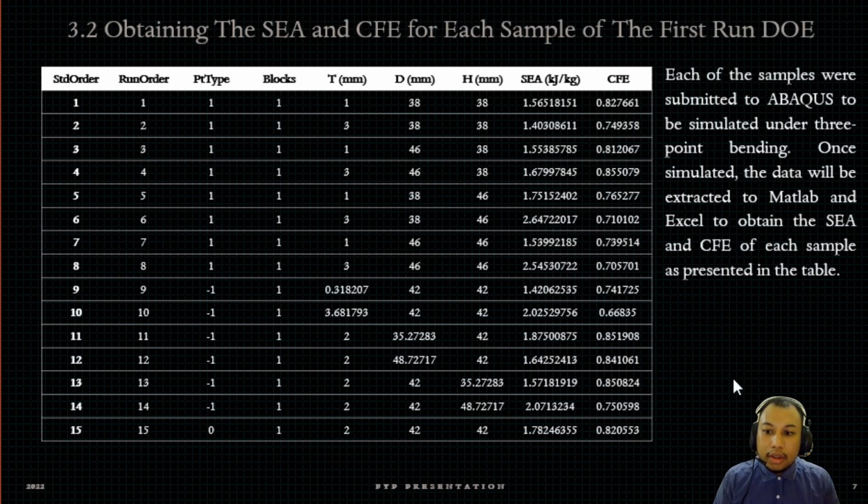After making 15 samples and submitting them in Abaqus to be simulated under 3-point bending, I have obtained the SEA and CFE of each sample, which will be used to determine which is the most optimum value.